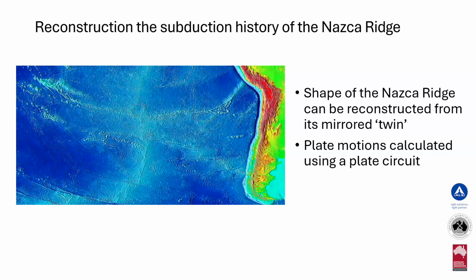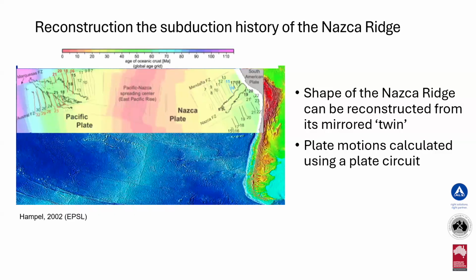So it is an oceanic plateau that forms at the spreading center, and therefore it has a brother or a sister here on the other side of the Pacific Ocean. And we can actually know what was the shape of the Nazca Ridge prior to subduction from this part, the Tuamotu Plateau in the Pacific Ocean. So here's the Nazca Ridge.